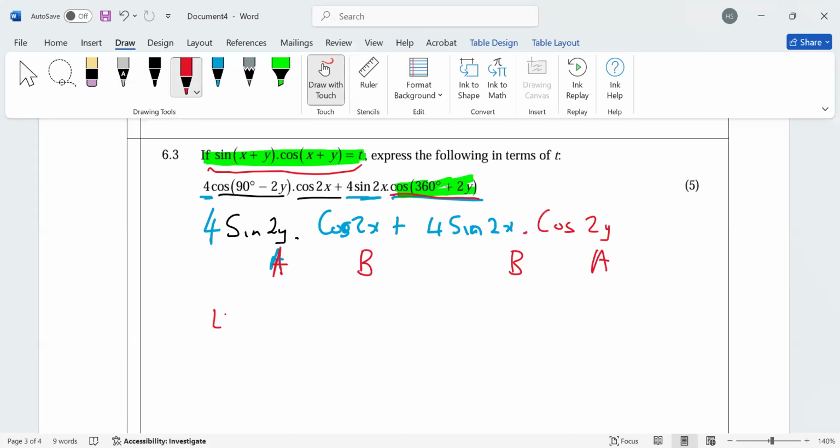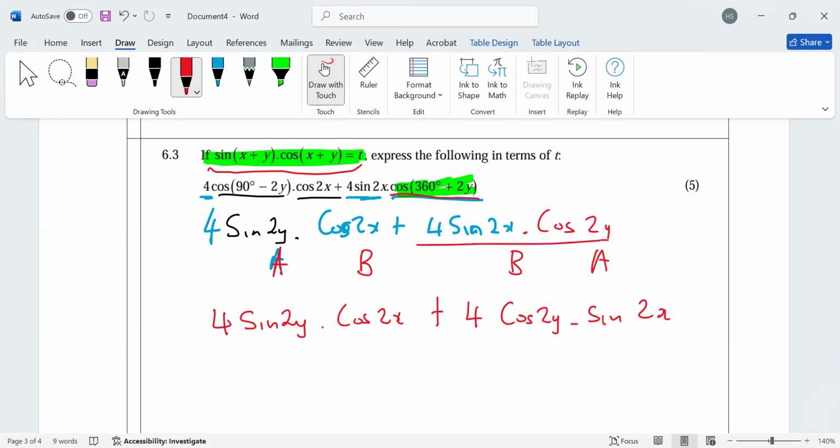You can write it as 4 the sine of 2y multiplied by the cos of 2x plus 4 cos 2y multiplied by the sine of 2x. Yes, we can write it this way. This is plus, this is multiplication. It's fine.